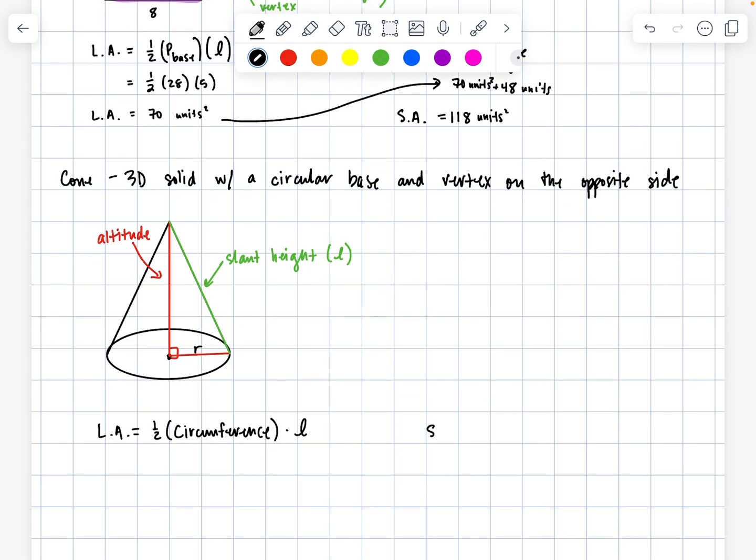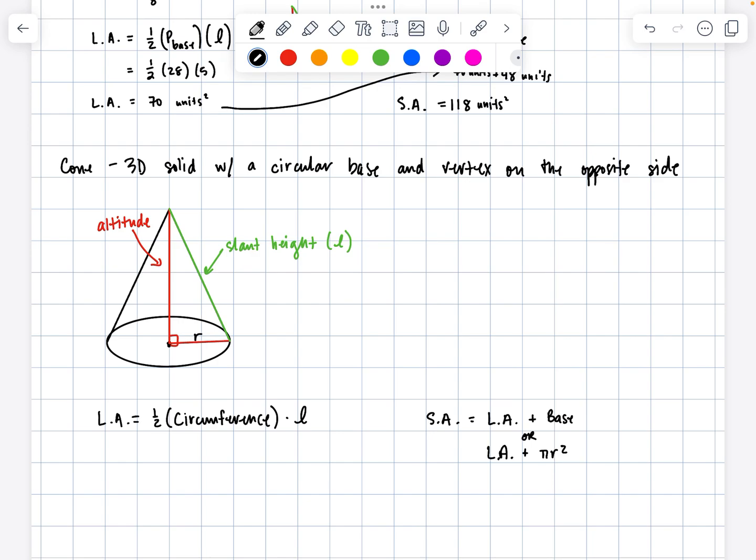And then the surface area would be adding the circle in, is equal to lateral area plus the base, or, since we know the area of a circle, lateral area plus pi r squared. There's only one base, so it's just 1 pi r squared.